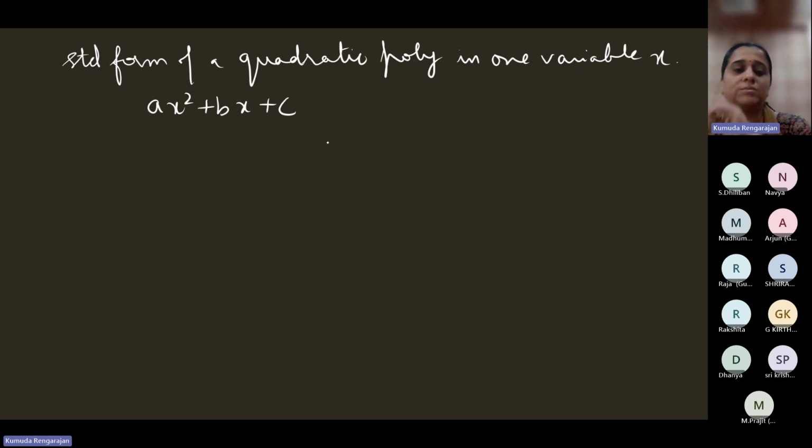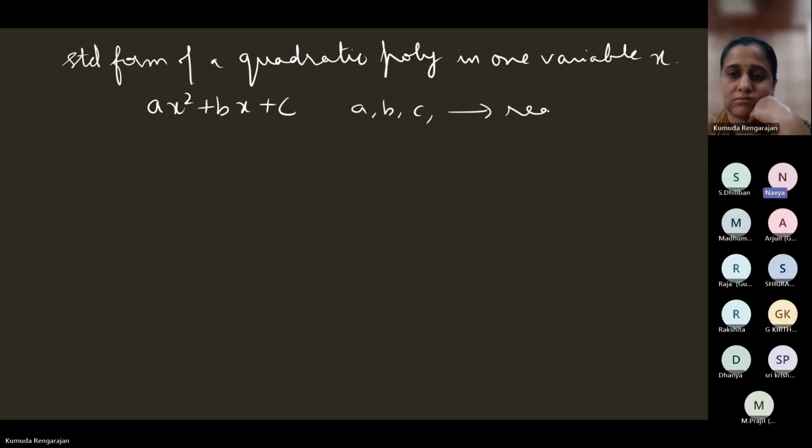Conditions on a, b, c: a, b, c belong to real numbers and a is not equal to 0. Very good. The coefficient of x square should not be 0, because x square is what makes this expression quadratic.